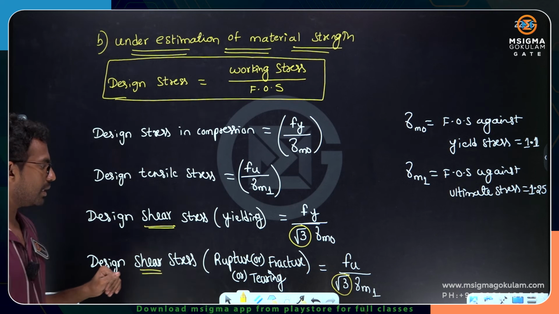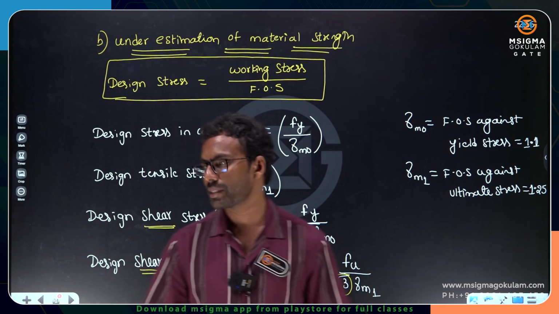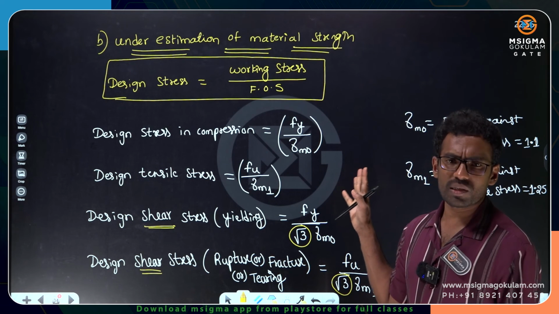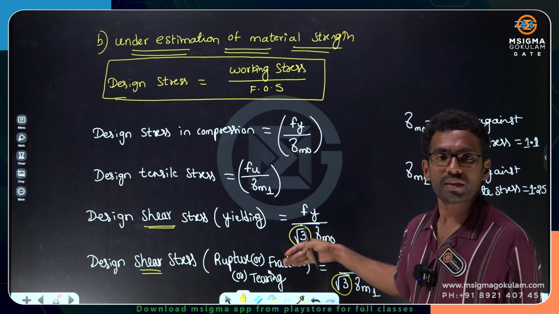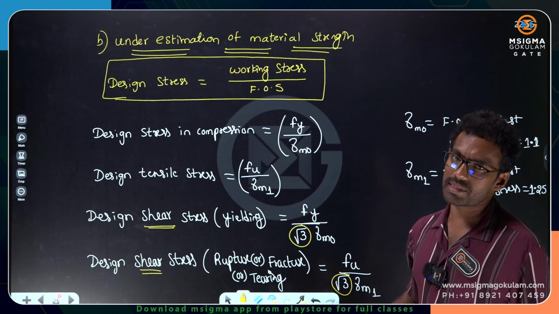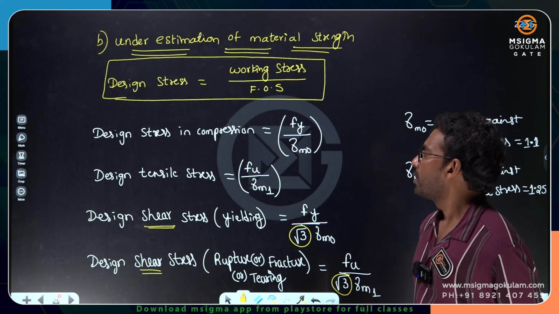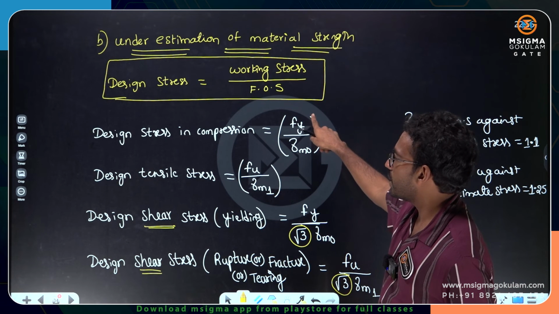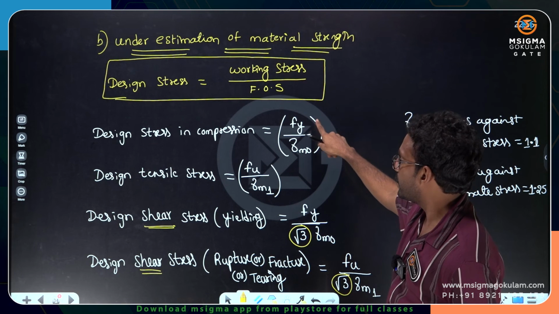Please understand that. If you understand this, these are very, very simple things, don't think too much. Very, very simple concepts. Once you understand this, you can write any formula in steel structures. I hope you understand. In a beam also, the stress allowed is the yield stress, because a beam is a bending compression member, only yield stress.